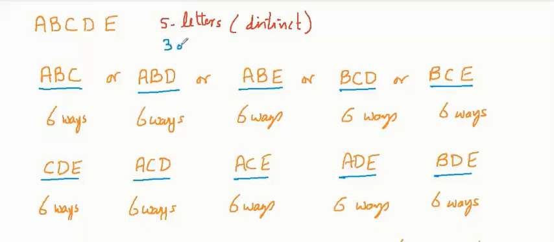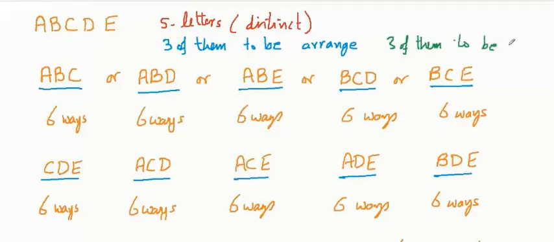In one situation, 3 of them are to be arranged, and in the other situation, 3 of them are to be selected. Okay. So these are the two different situations.